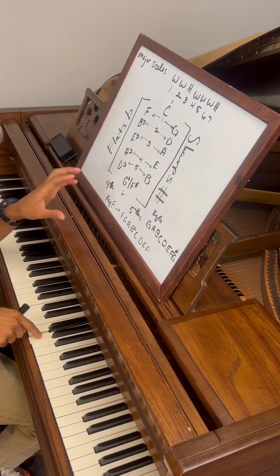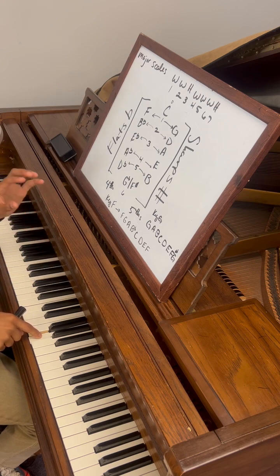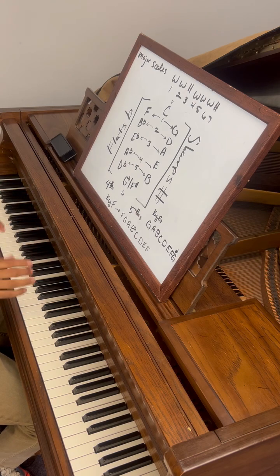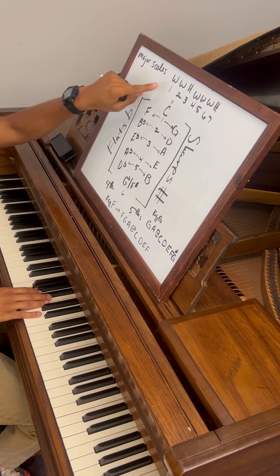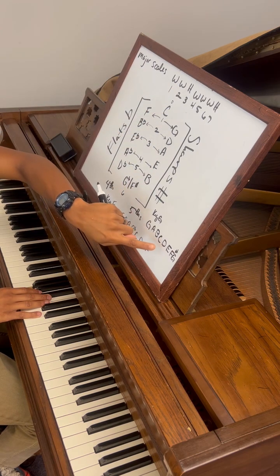Now that I've got the whole formula down, and I go to play the major scale, I get G, A, B, C, D, E, F sharp, G, versus the mistake that I made, which is G, A, B, C, D, E, F, and that is a completely different type of scale, and it is something that we can use. But currently, for our major formula, we know that the F sharp fits here.